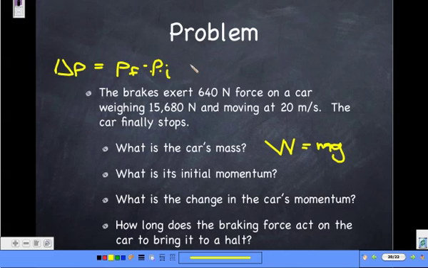What'd you guys get for the car's mass? 1,600. How about its initial momentum? 32,000.